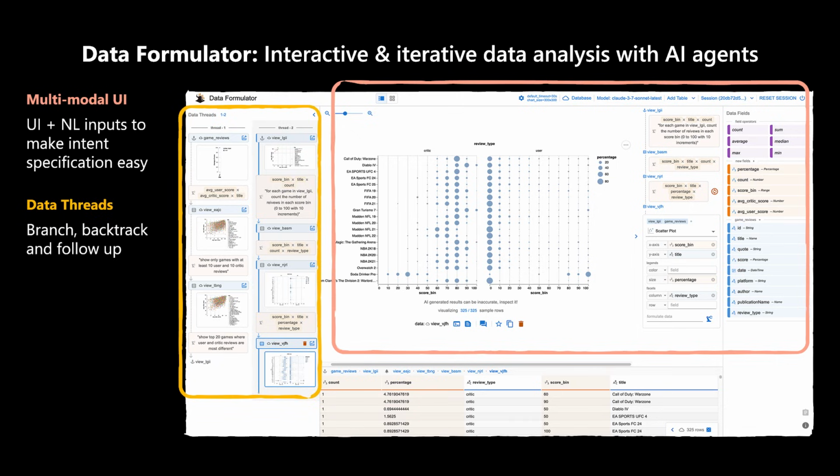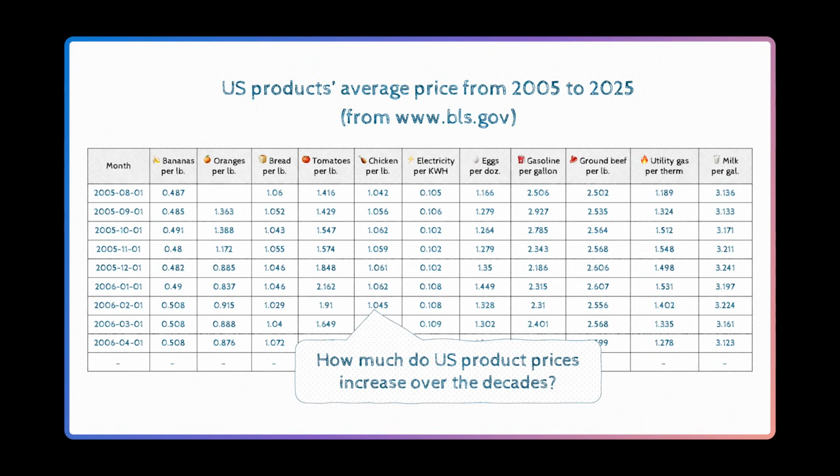Second, to support iteration, we organize exploration into threads, allowing users to backtrack, follow up, and revisit. On top of that, we develop agent mode. Instead of running in a black box, it operates on top of the data thread so that users can take control whenever they want. Let me show you the experience of using Data Formulator to explore data.